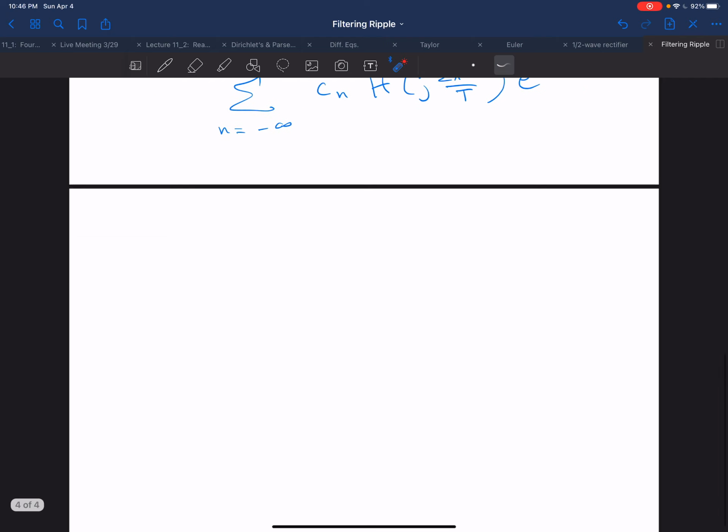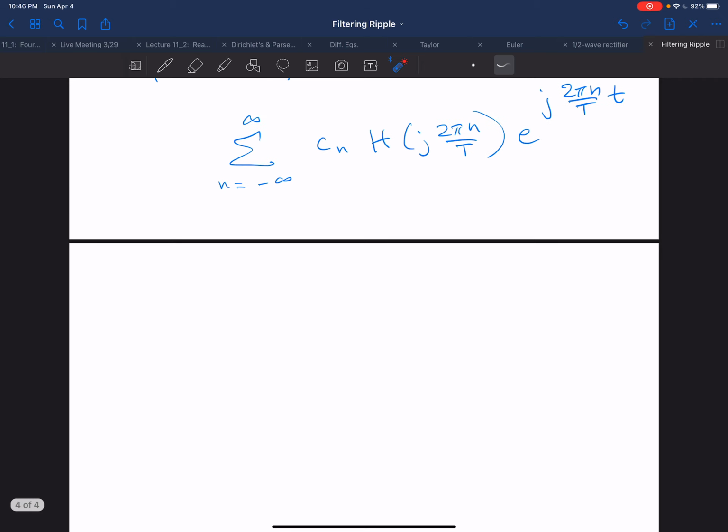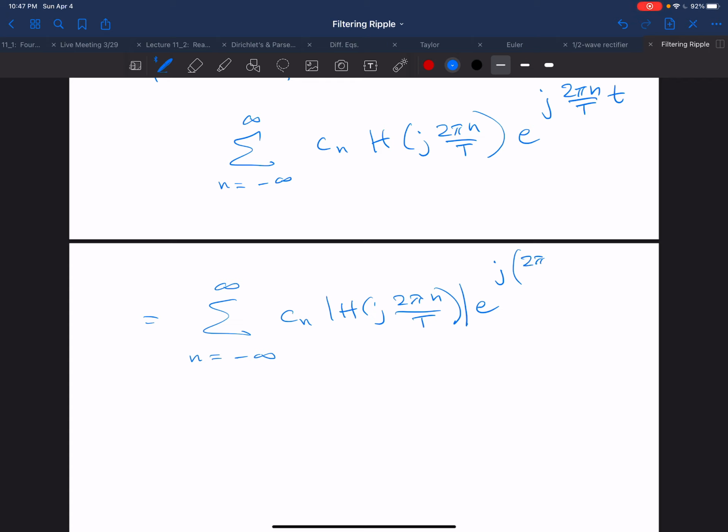And as we know, it's convenient to break up the frequency response into magnitude and phase. So we can rewrite this as c sub n times the magnitude of the frequency response times e to the j times omega t plus the angle of the frequency response.